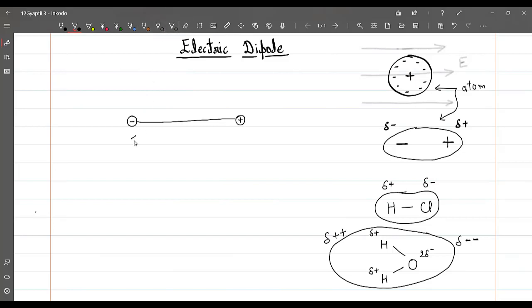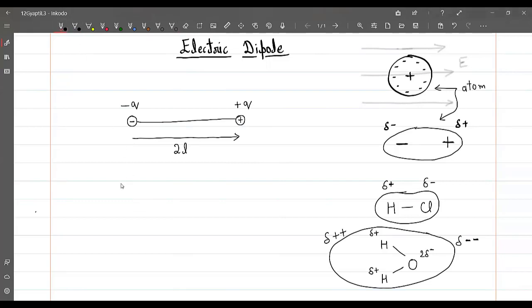And let us take that distance to be 2L. We are taking 2L distance because it will help us in calculation later on. This charge is minus Q, this charge is plus Q. And we like to take the direction of 2L from negative charge to positive charge.